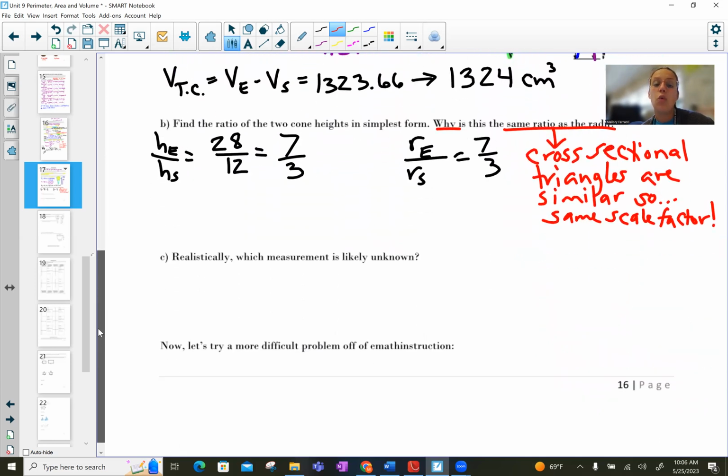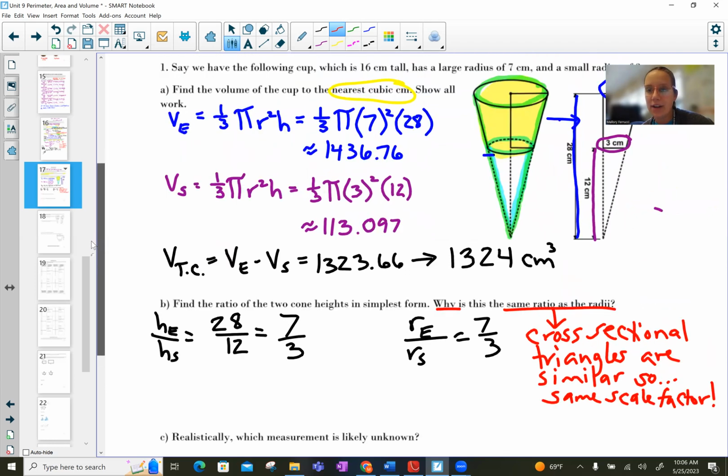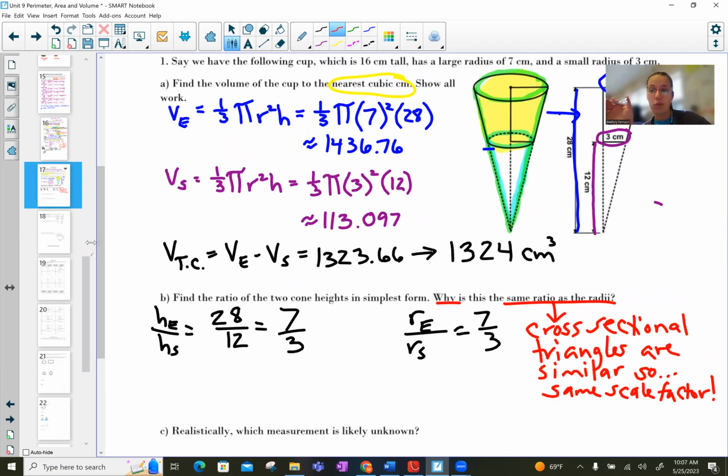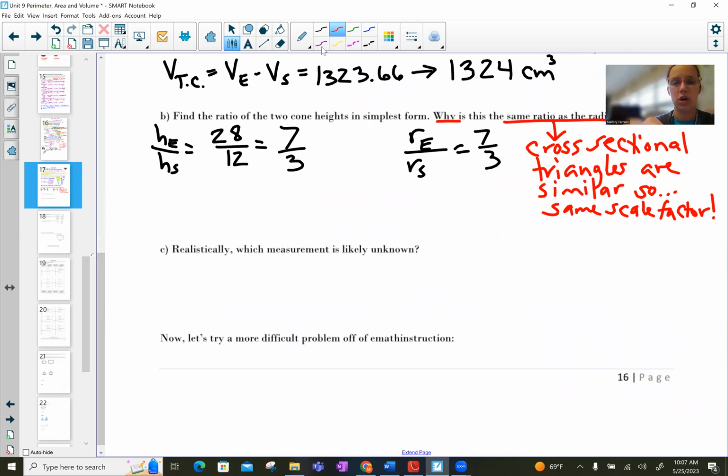Realistically though, in real life, we're not going to know what's lopped off. We'll know the radius of the bottom, but we won't know the height of the smaller cone, because we can't see how much is cut off.